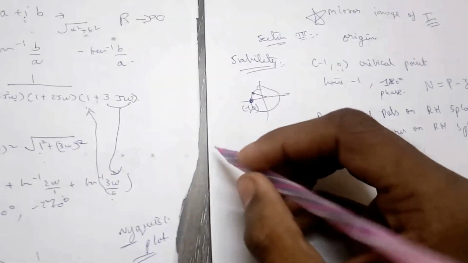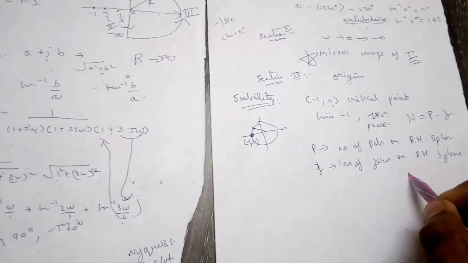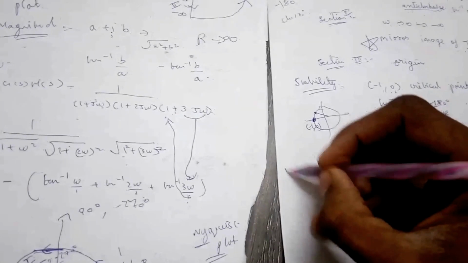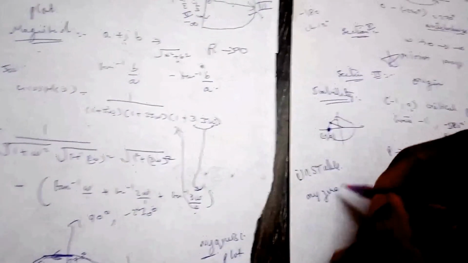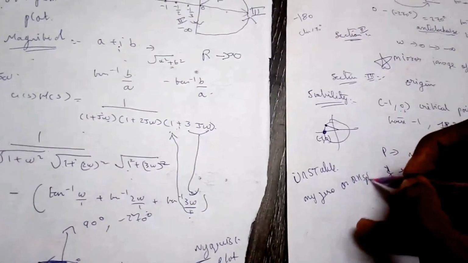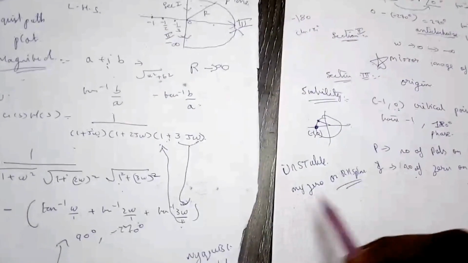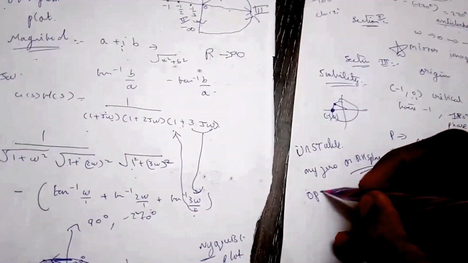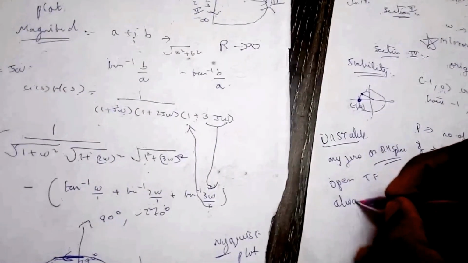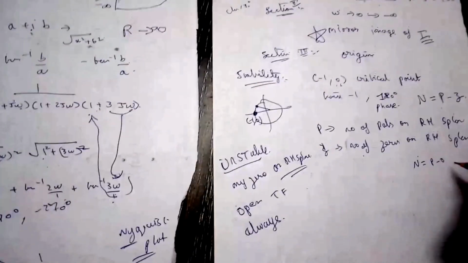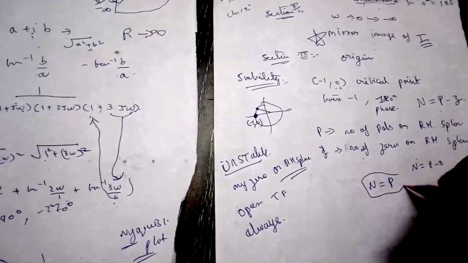For the zeros of the transfer function, we can say it is unstable if there is any zero on the right half of the S plane. If there is any zero on the right half of the S plane in the open loop transfer function, then the system is always unstable. So for a system to be stable, we have indirectly N equal to P minus 0. So N equal to P is the stability criterion.